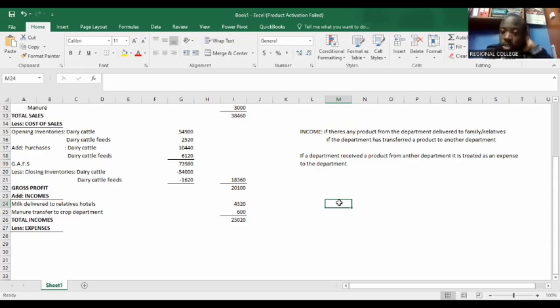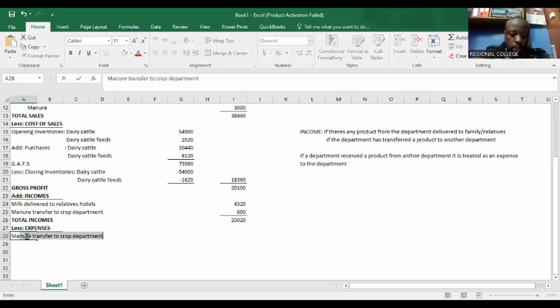So in the additional information, is there anything that they received? They received something in note number 4: maize stock valued 1,500 was used as dairy cattle feeds.